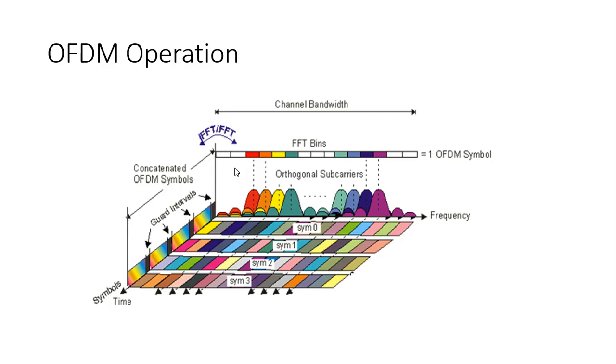And then in the time domain, cyclic prefixes are inserted between each of the symbol periods to prevent the ISI caused by the multipath delay spread in the radio channel. And at the receiver side, an FFT is performed on the OFDM symbol to recover the original data.